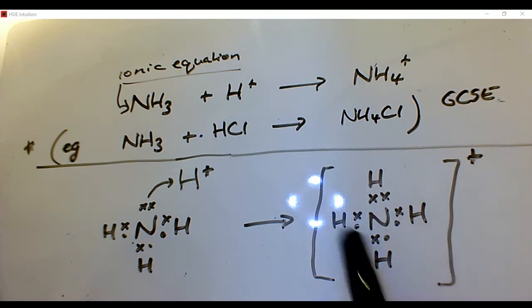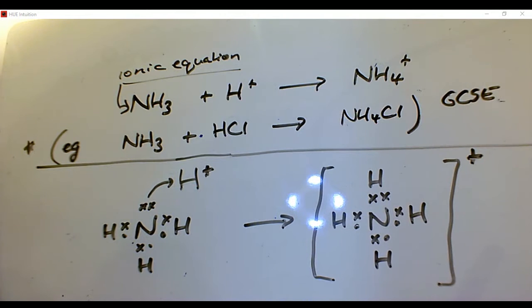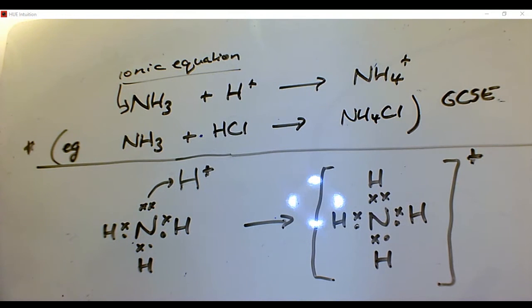But it still has all paired electrons. So it's stable. It is stable. It'll attract negatively charged particles, but it is a stable particle, okay? Because every electron in the outer shells is paired.